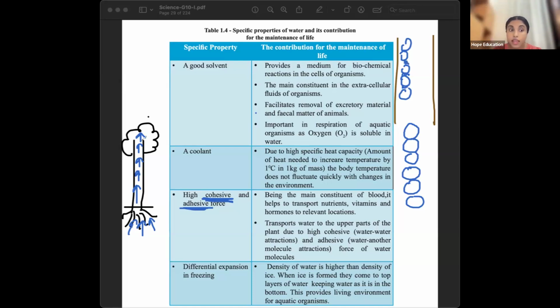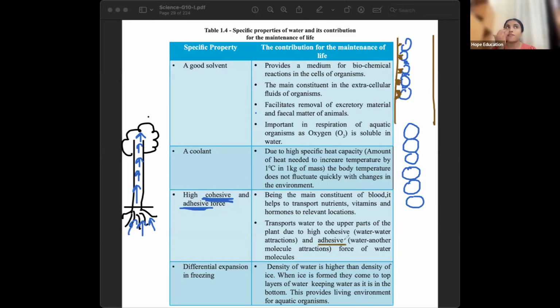But not just between water molecules, there are also forces between water molecules and the wall of the stem. So forces form between the water molecule and the wall of the stem as well. That helps water to move. And whenever water forms small bonds with other things, we call them adhesive forces.